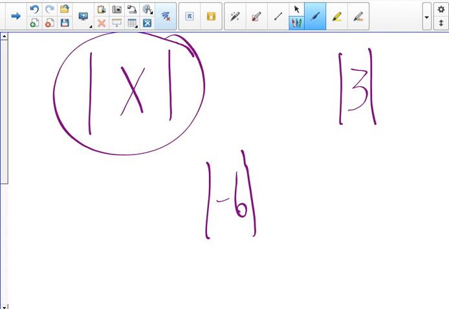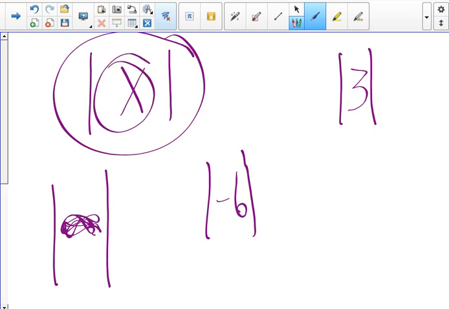The symbol for absolute value is these two bars with some expression inside. It could be a constant number, it could be an algebraic symbol, or it could be a combination of all. It could have 15 terms in between the bars. So whatever's between here, that means I'm taking the absolute value of what's inside these two bars.